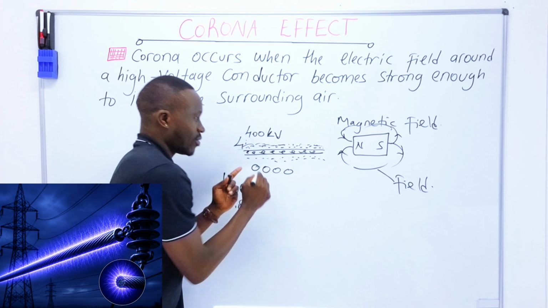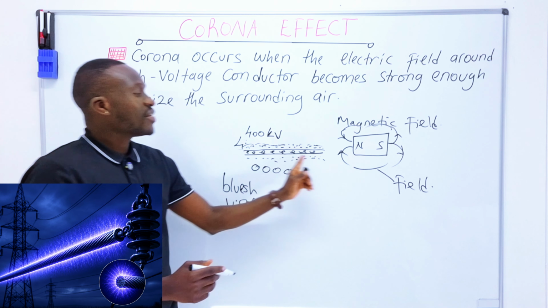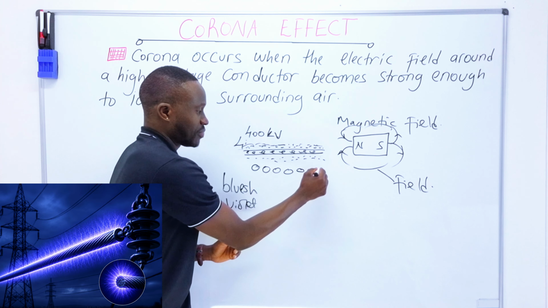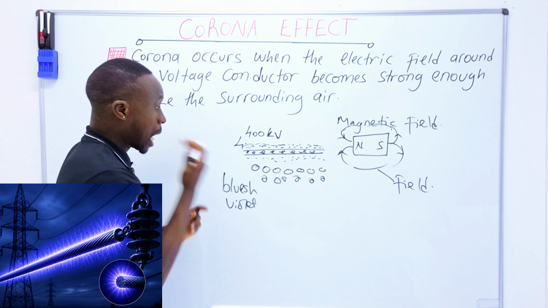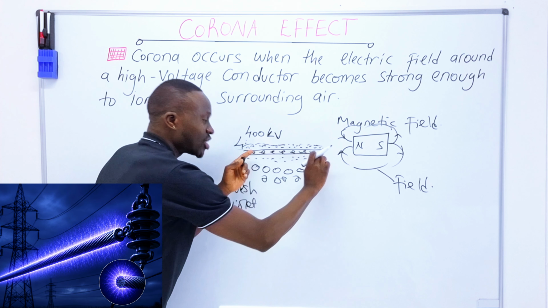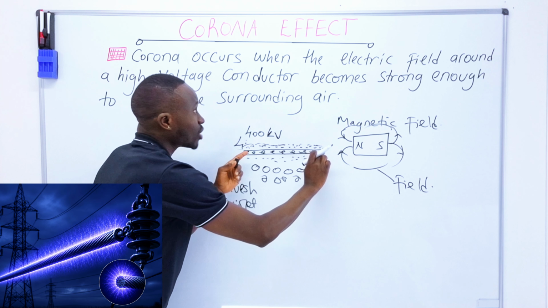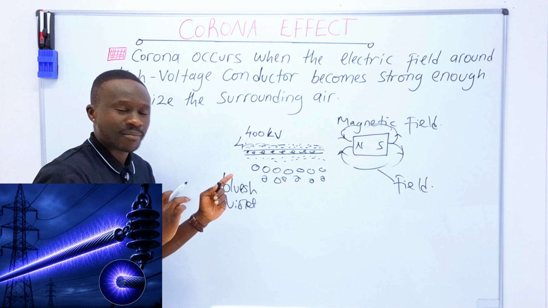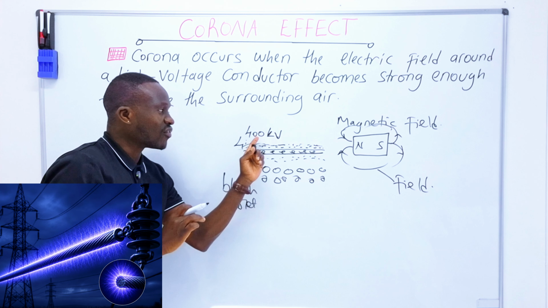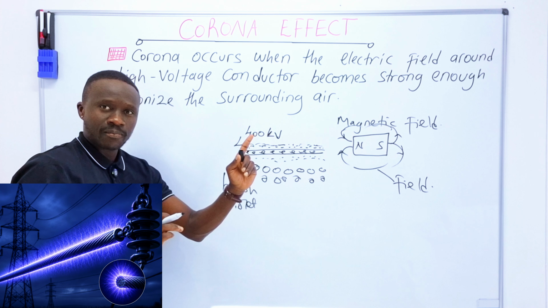The surrounding area has air particles. For example, we are having our high voltage transmission conductor, the one carrying electricity. The voltage is 400 kilovolts.